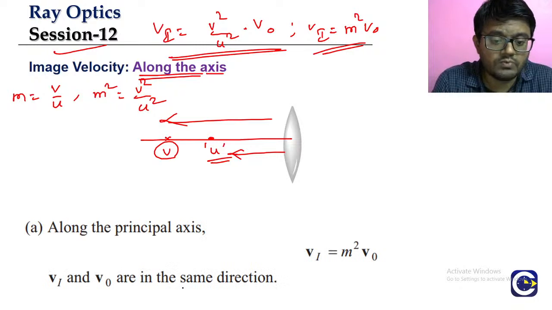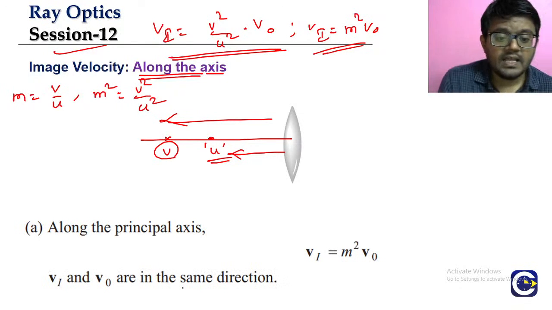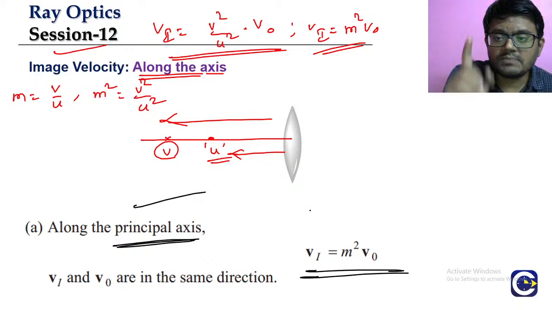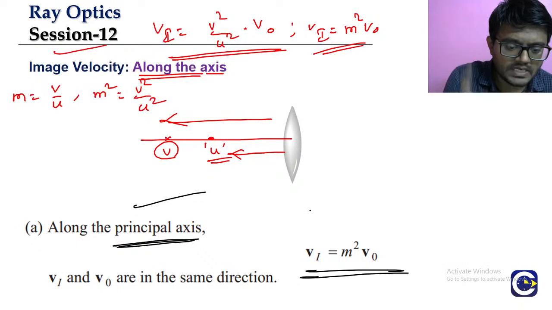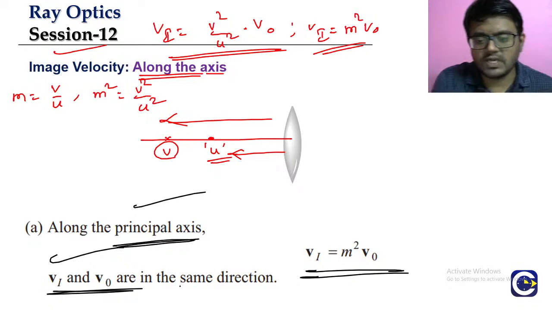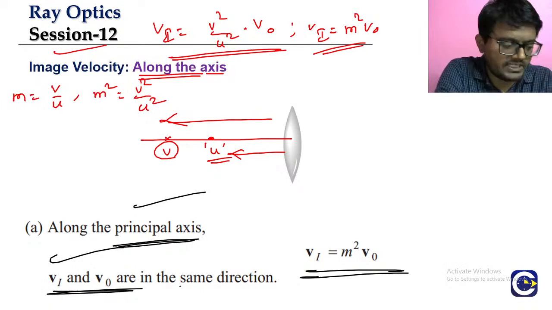So the axial velocities of the image and object along the principal axis are related as velocity of the image equals M square into velocity of the object, and both will be in the same direction.